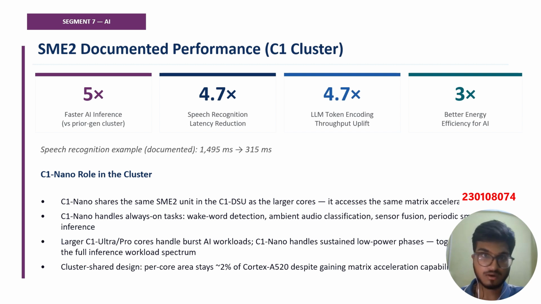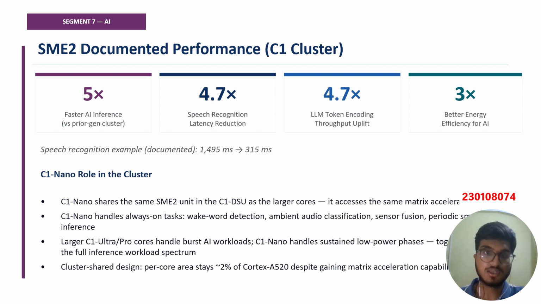Let us now talk about a few AI performance numbers of this processor. ARM's documentation for the C1 family with SME2 enabled reports the following performance improvements compared to prior generation clusters without SME2. Up to 5x faster AI inference on generative speech, computer vision and classical ML models.